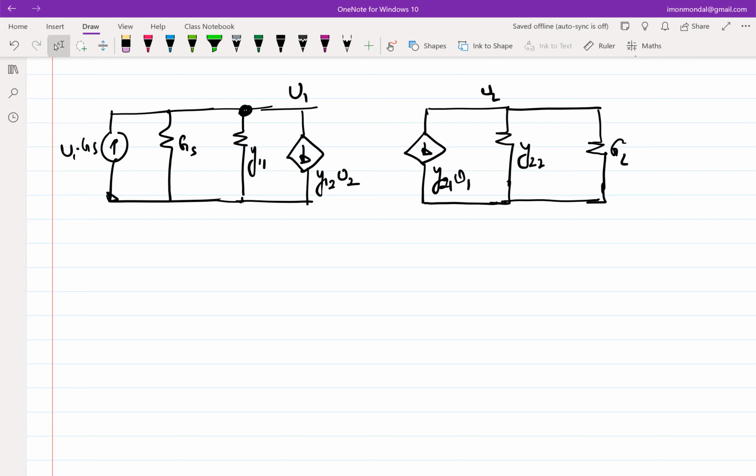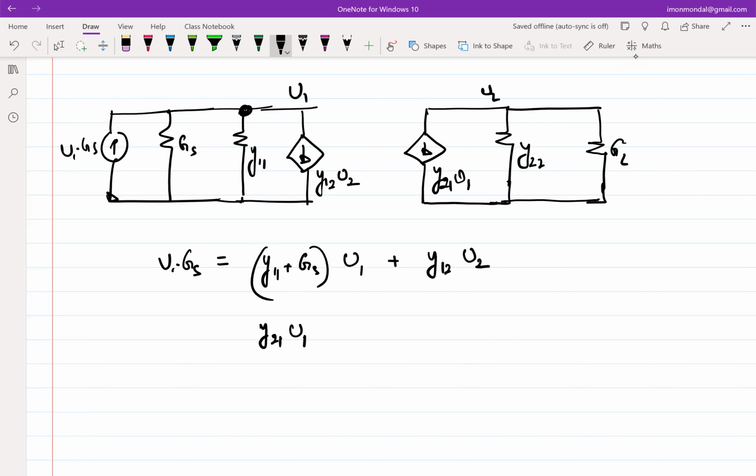At the input side, then it will be Vi GS equal to, and the output side it will be, right.